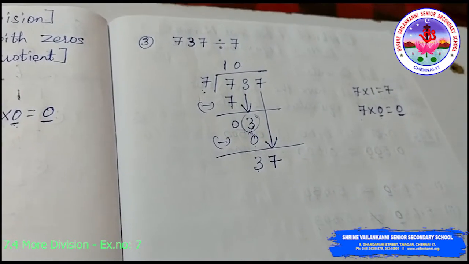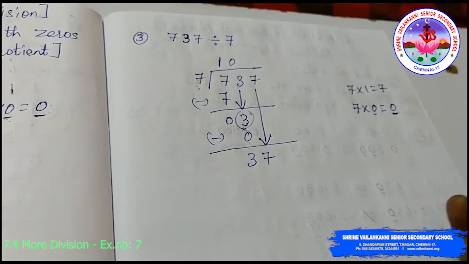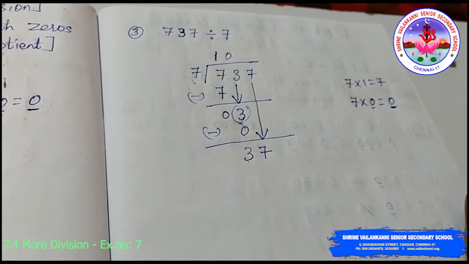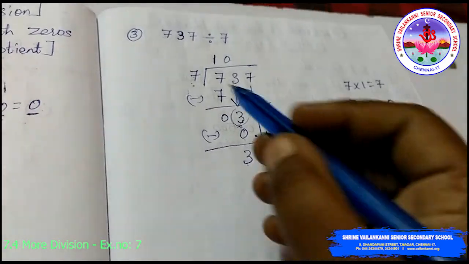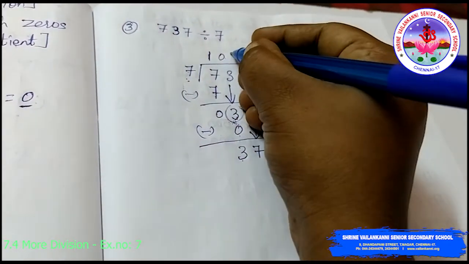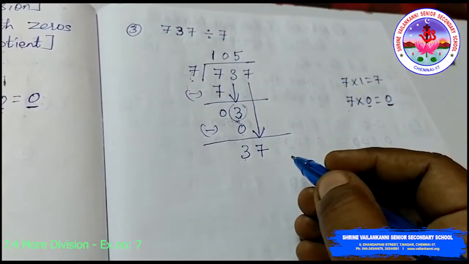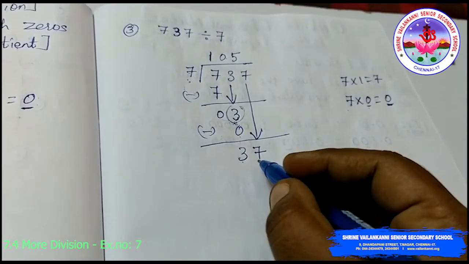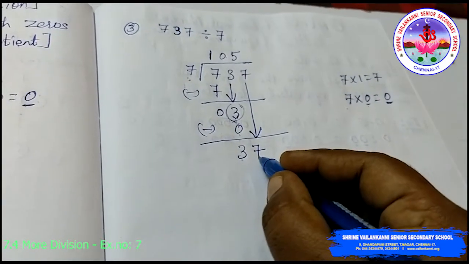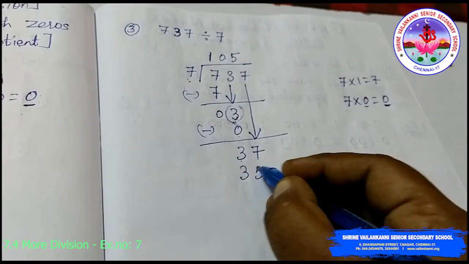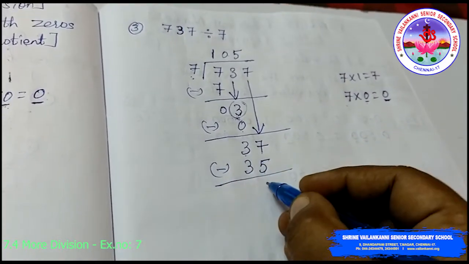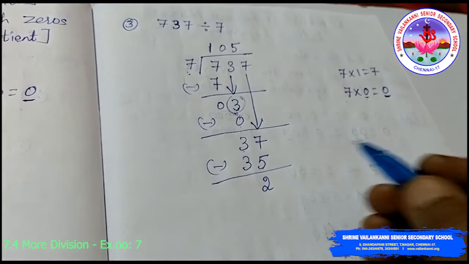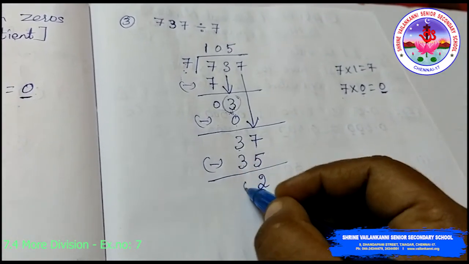We will not get 37 in the 7 table, but we can find a lesser value below this 37. So 7 fives are 35, which is lesser than 37. So I can write 35 here. Now subtract: 7 minus 5 is 2, and 3 minus 3 is 0.